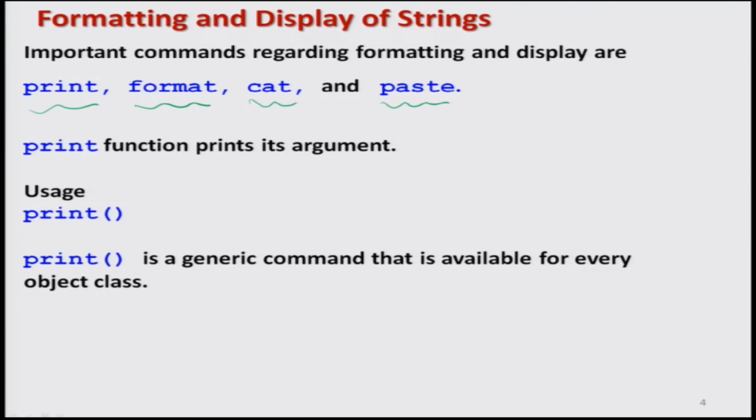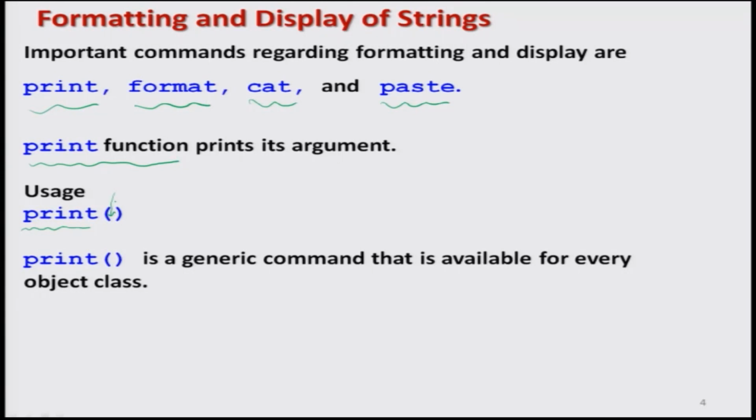So, first of all, let us try to understand how to use the function print. Print, as it indicates by its word, is simply to print. Whatever I want to print, I will simply print. In order to use this print function, I have to write print, all in small letters, and whatever I want to print is indicated inside the arguments, inside the brackets.